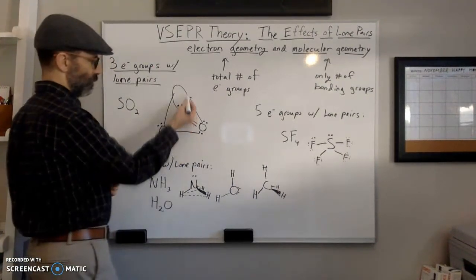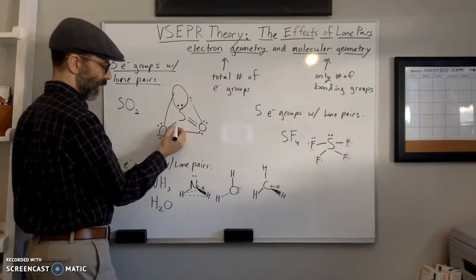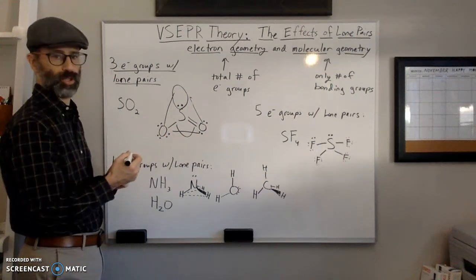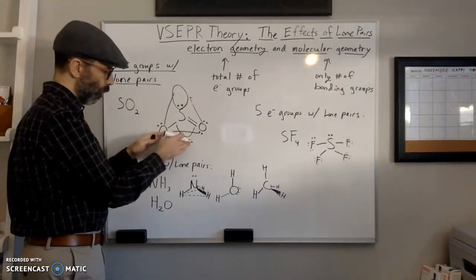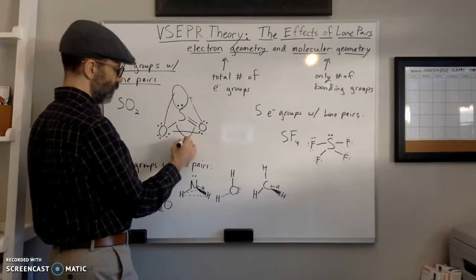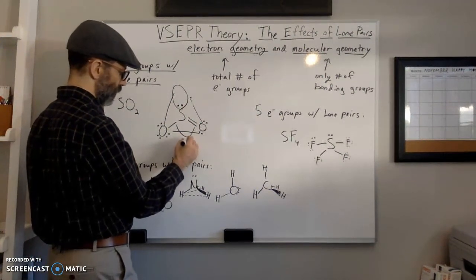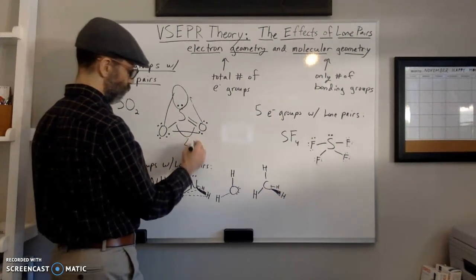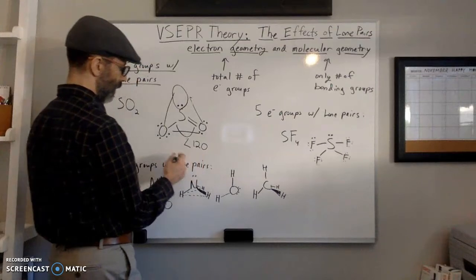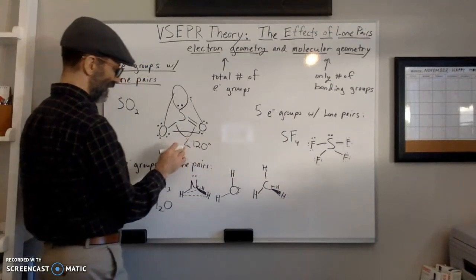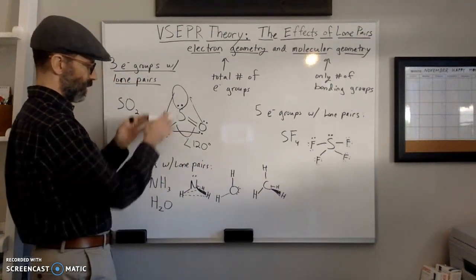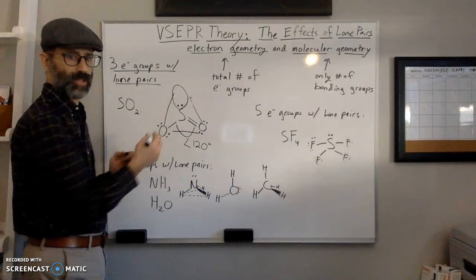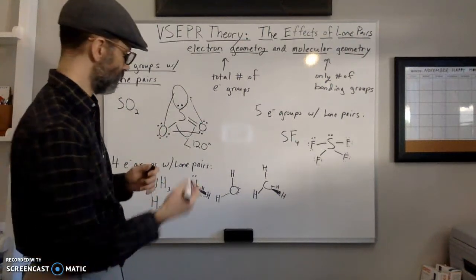But since we have a lone pair here, the bond angle here is not going to be 120. They're going to be pushed closer together. So this is actually going to be less than 120. Right? So this angle is less than 120 because of the lone pairs. The lone pairs are taking up more space.